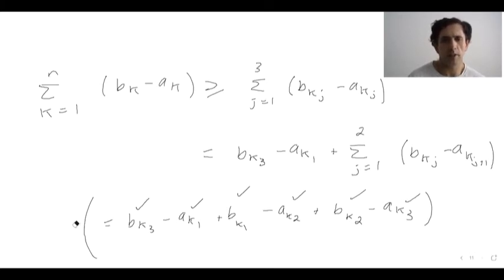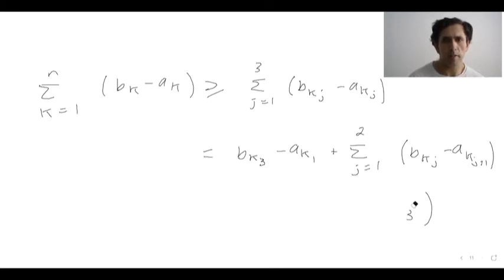So I'm going to erase this. Right. Well, we're going to write it this way so that we can get this to be bigger or equal to b minus a, which is again a contradiction. So each one of these is bigger or equal to 0.